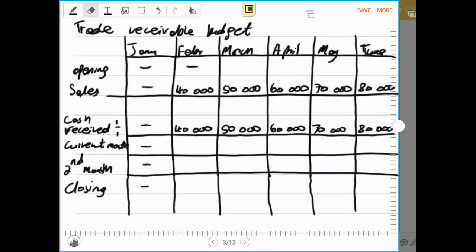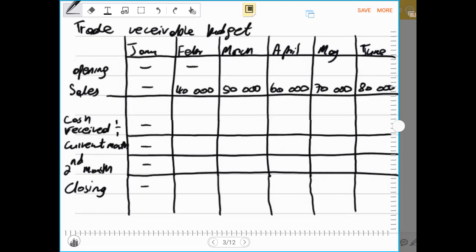So now here are the sales for their respective months, from the month of February until the month of June. Here are the sales under the row of sales. We recorded all of them in their respective months.